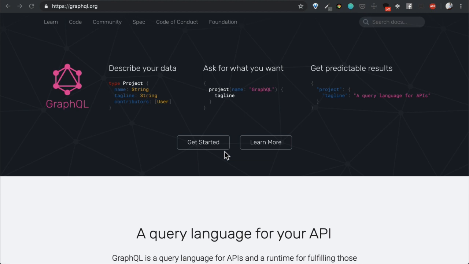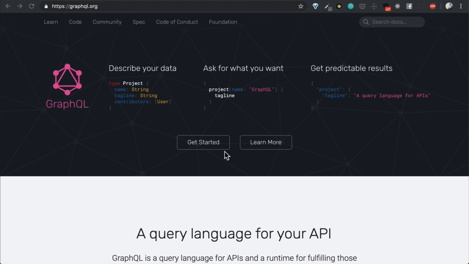Now, in order for us to understand what GraphQL is, we need to understand the problem that GraphQL is trying to solve. And in order for us to understand this, we need to first understand that GraphQL is actually something for the backend.